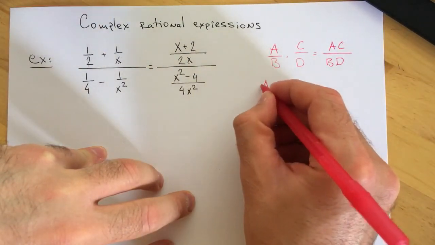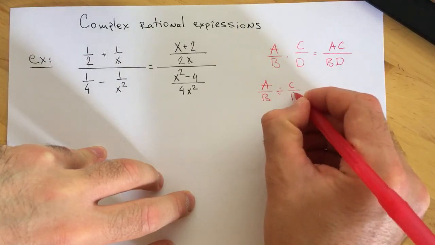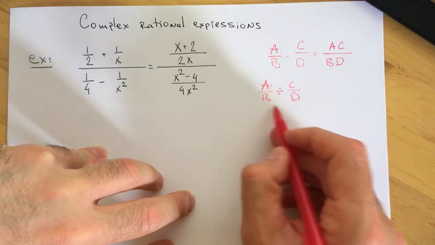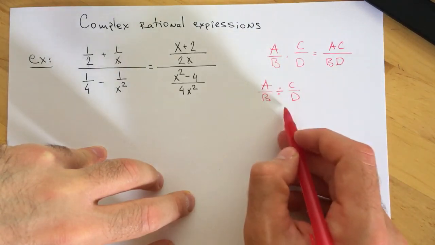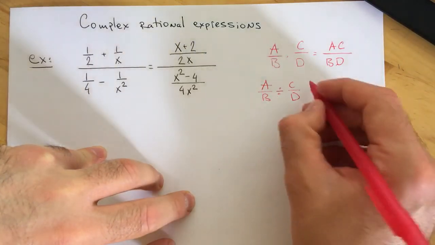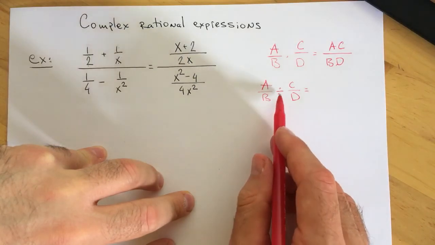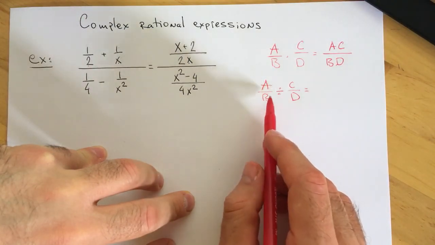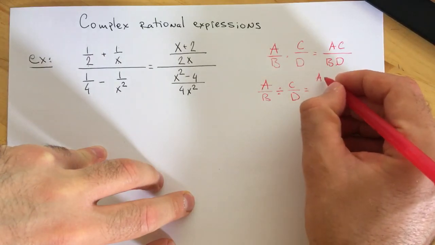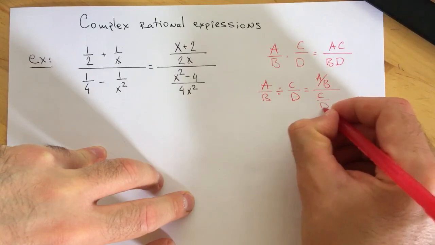And if you have division, a over b divided by c over d, most probably this is the last time you see this sign; I'd rather write a over b divided by c over d as a fraction.